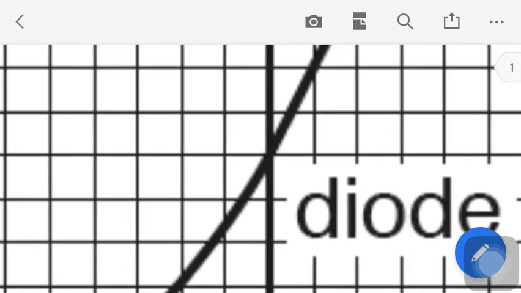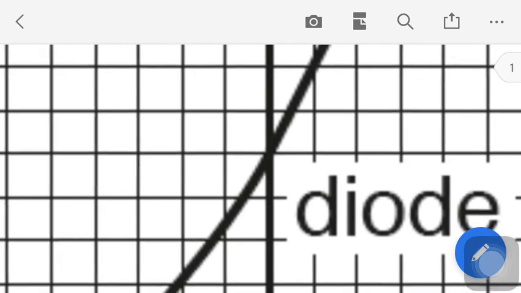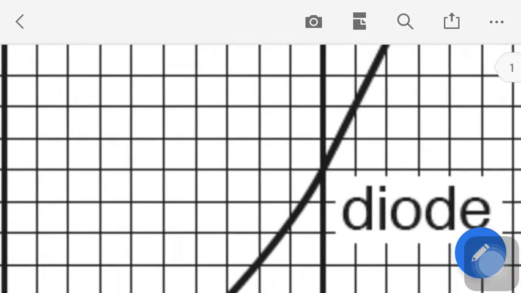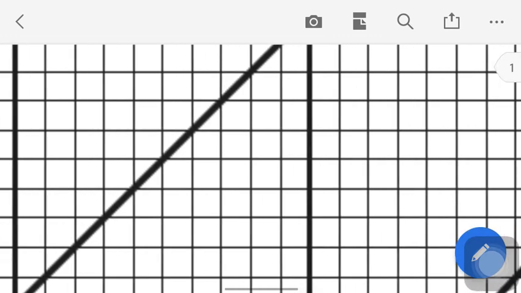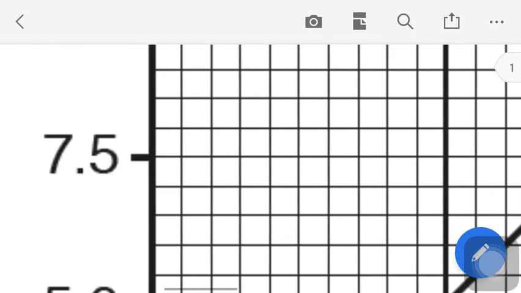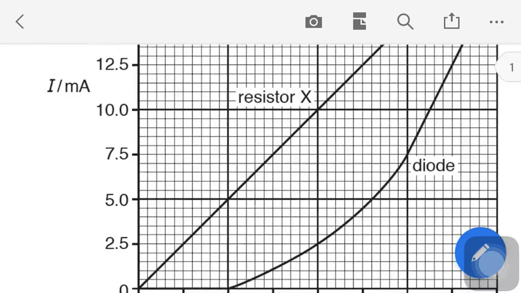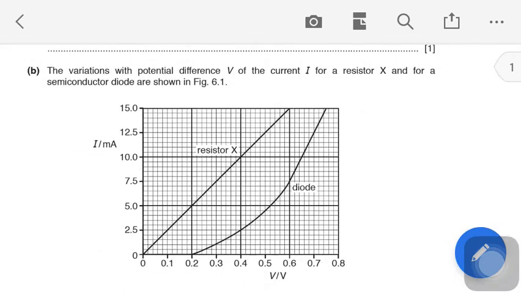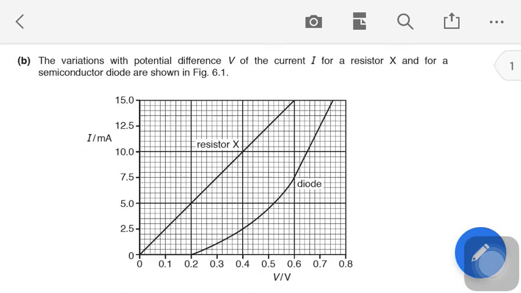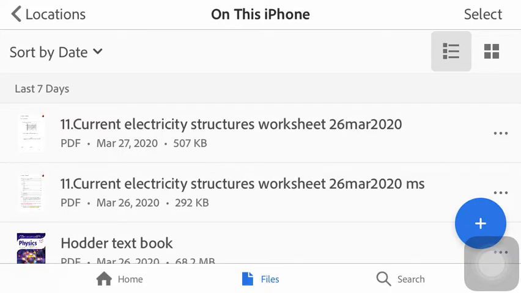So this is the point where it intersects the curve. So if you follow it and try to find the corresponding current value, that is 7.5. Okay, that's done in the mark scheme.